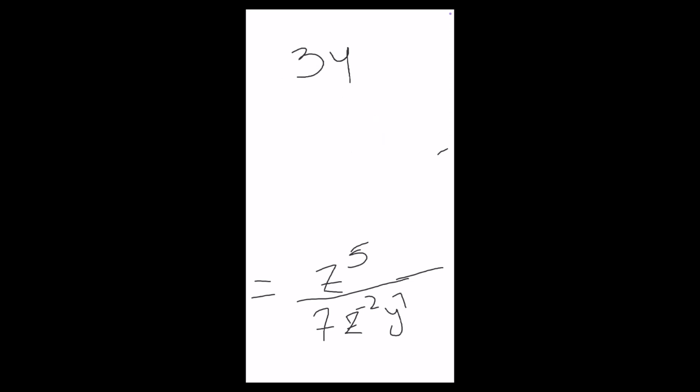Let me clear you again. For example, this is my 3y raised to power 2, and this is my y raised to power 3. Now what I am going to do, I really want the numerator to come down to the denominator.